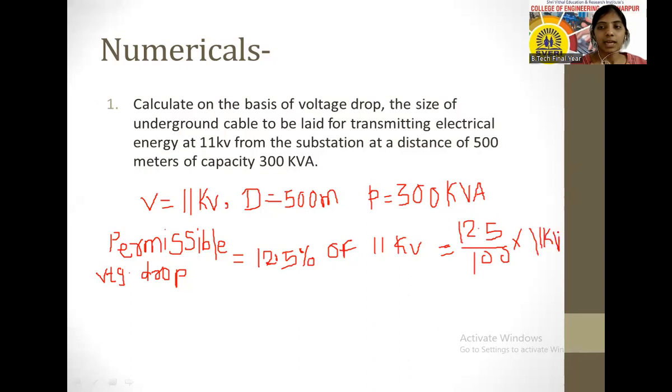So be quick and tell me the answer. 1.375 kV. Okay, so this is the permissible voltage drop.